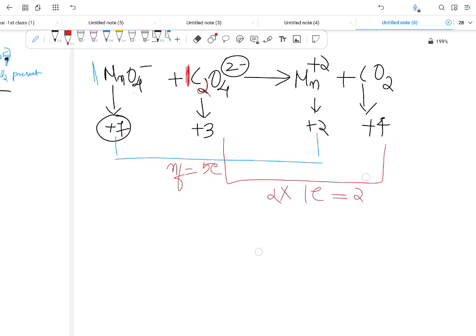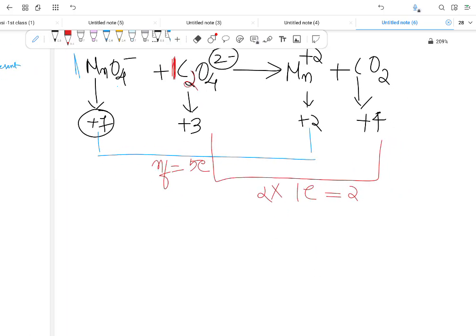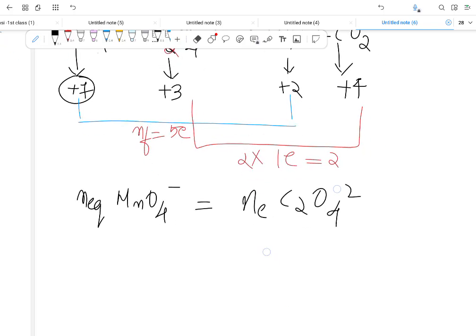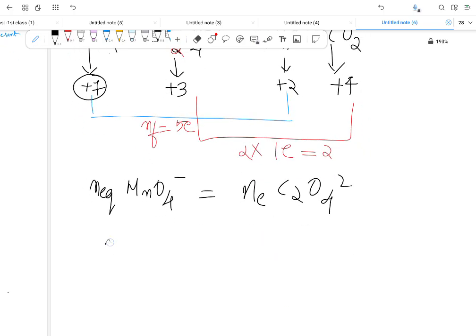Now, according to the law of equivalence, the equivalents of MnO4 minus should be equal to the equivalents of C2O4 2 minus. To find equivalents, equivalents equals number of moles into its n factor.